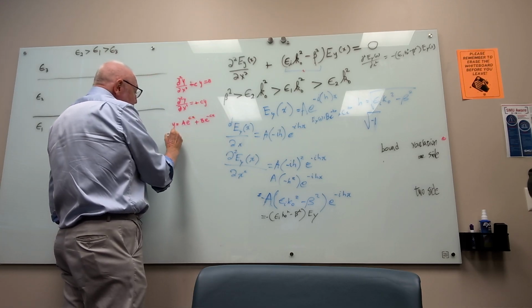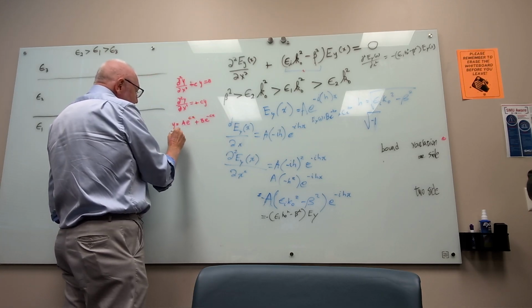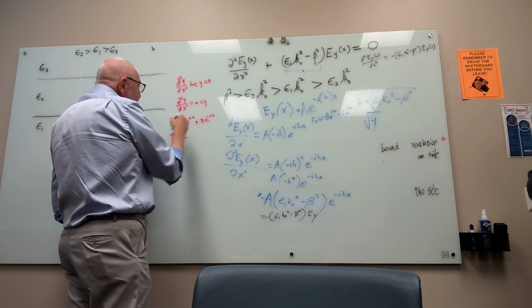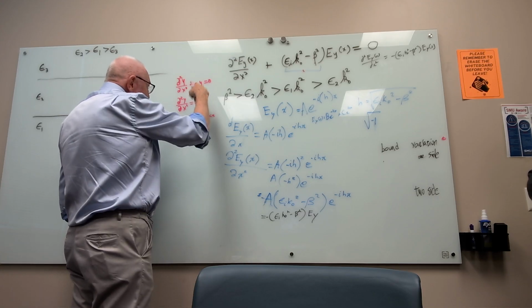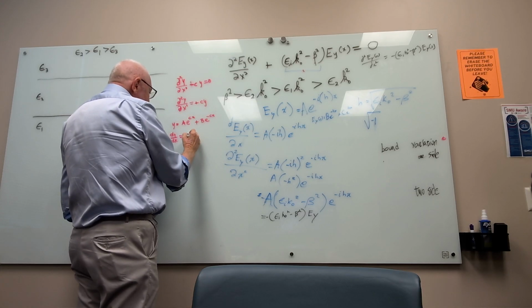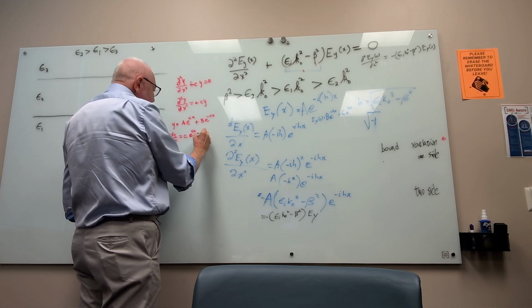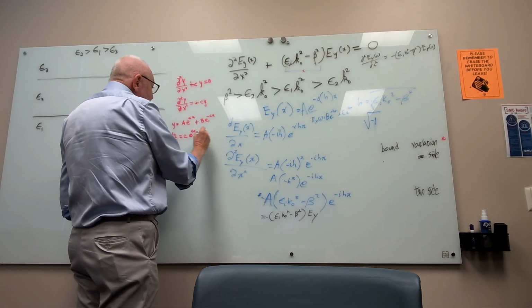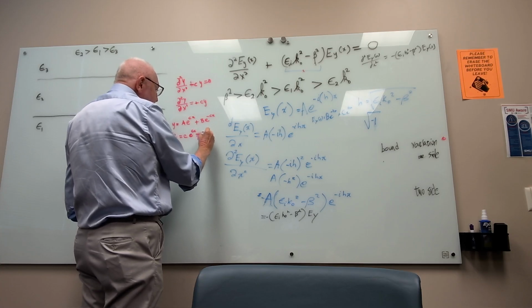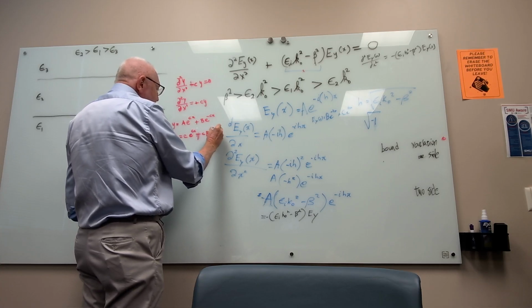But I take the first derivative, it brings down c, so c e to the cx plus, minus c b e to the minus cx.